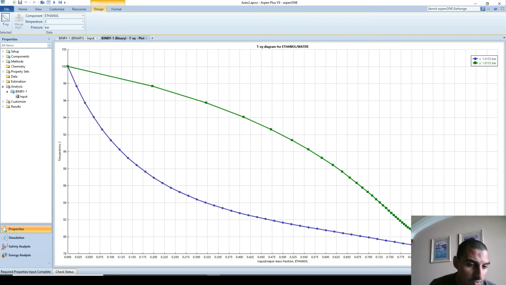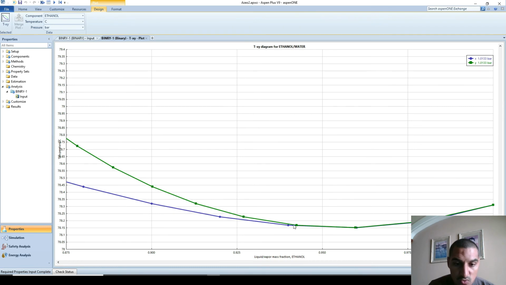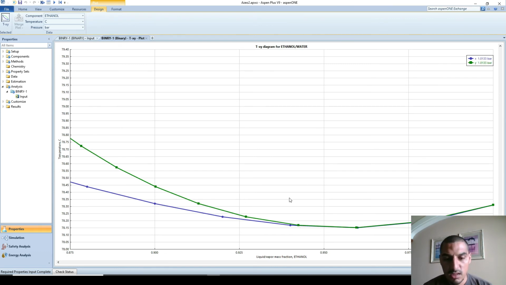Here the two curves overlap, and if we zoom in, we can see clearly that the two curves are overlapping here. So there is no way I can go with distillation further than this 94 point something percent, which is 94.2%. So this is one way I can do this.